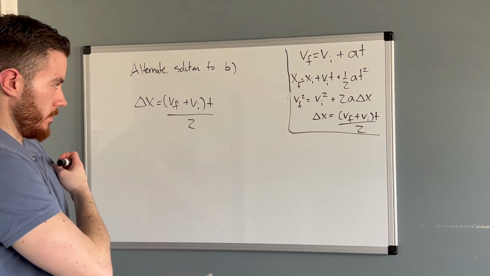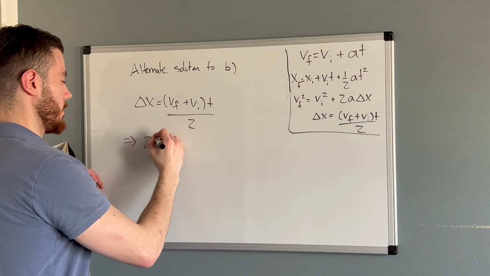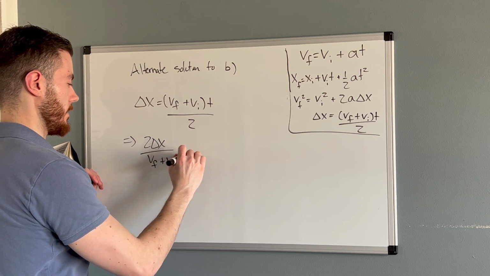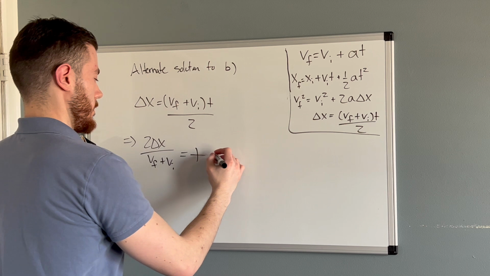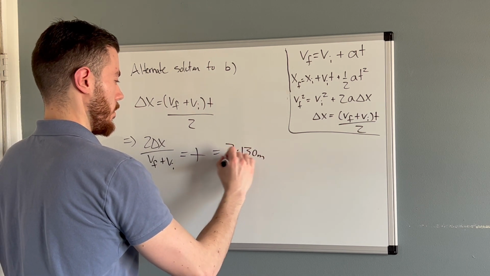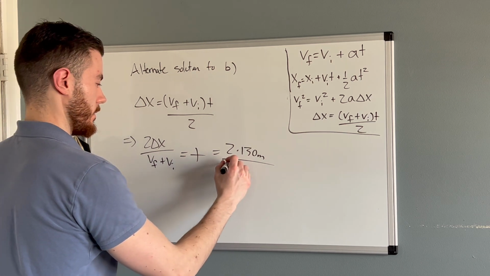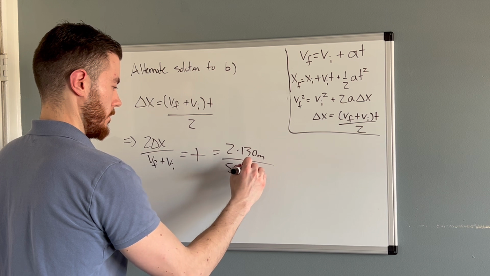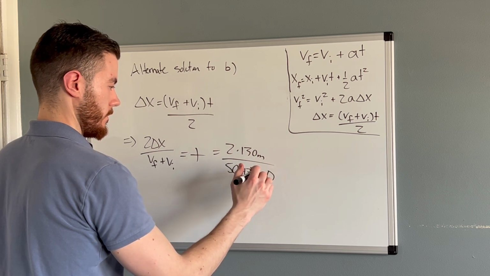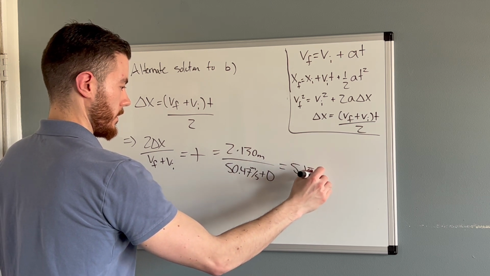In part B, we were solving for t, so t equals 2 delta x over (vf plus vi), which is 2 times 130 meters over 50.47 meters per second plus 0, and this is also equal to 5.15 seconds.